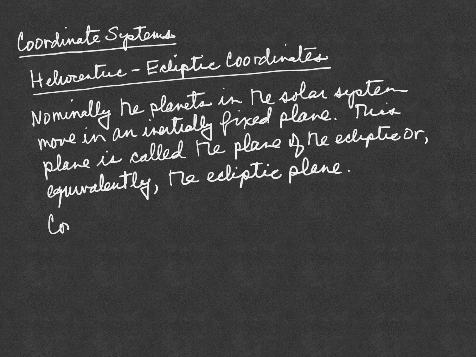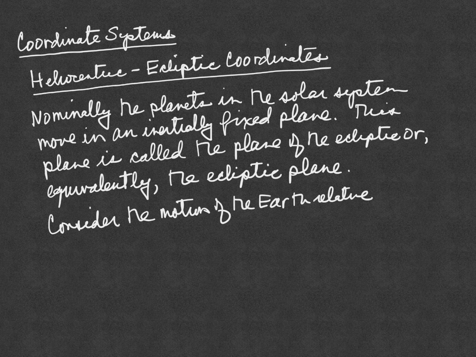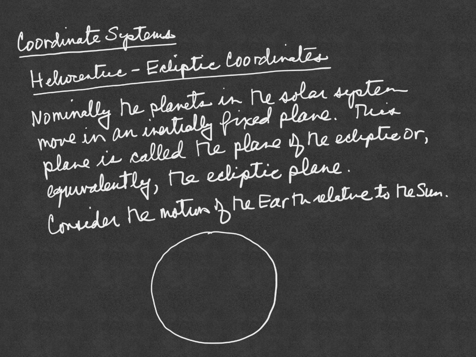So consider the motion of the Earth relative to the sun. Now, this motion can be viewed as follows: the Earth basically moves in a circle, right?